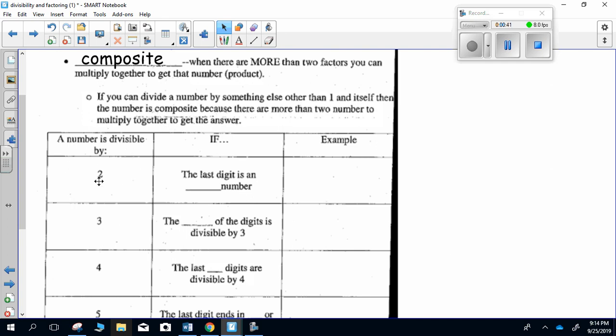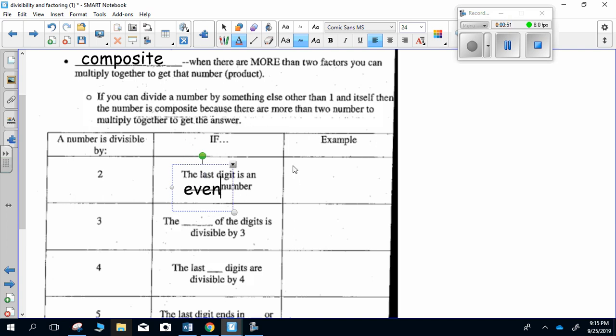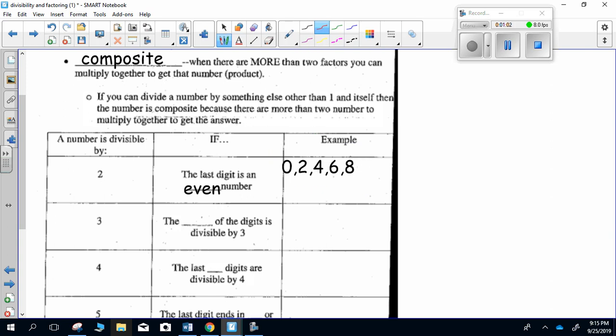You know a number is divisible by 2 if the last digit in that number is an even number. If you'll remember, even numbers are numbers that end with 0, 2, 4, 6, or 8. So write this on your paper: 1, 1, 1, 3 is odd, but 1, 1, 1, 2, that entire number is divisible by 2 because the last digit is an even number.